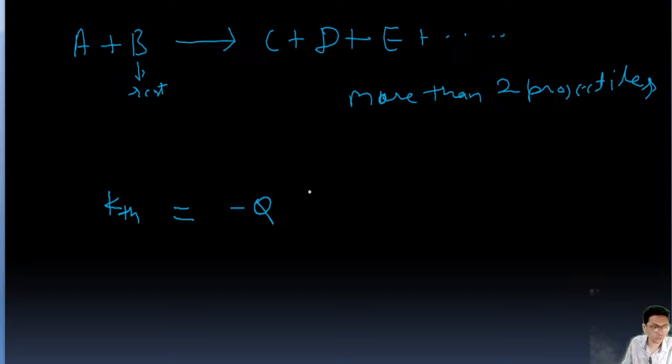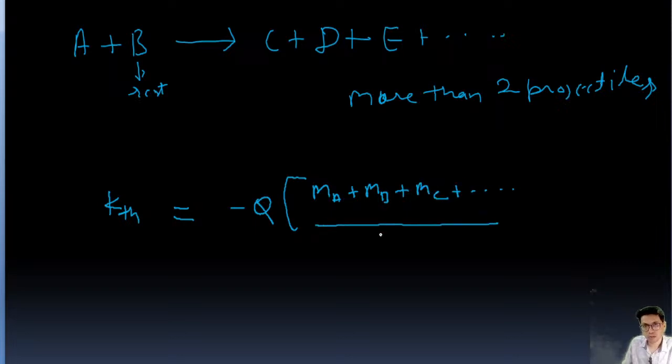So KTH equals minus Q into (MA plus MB plus MC plus so on) upon 2 MB, an important formula.